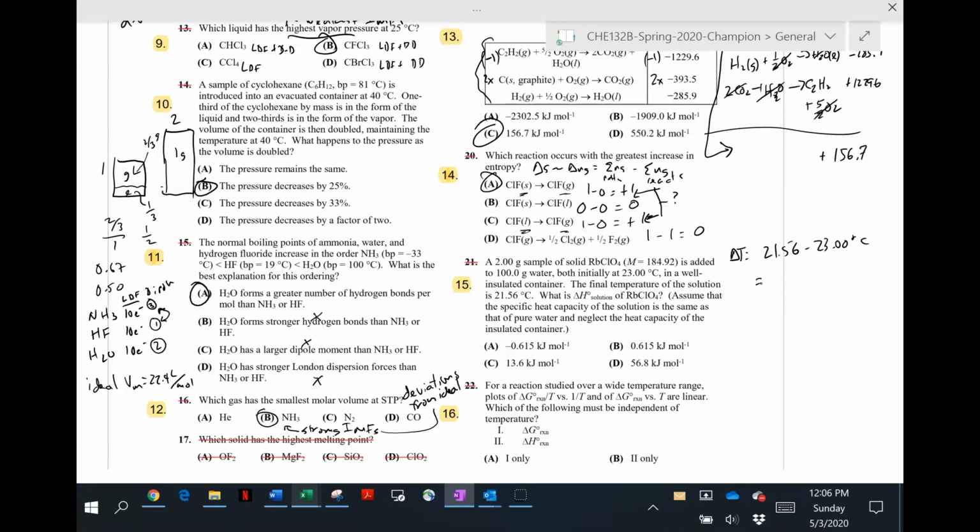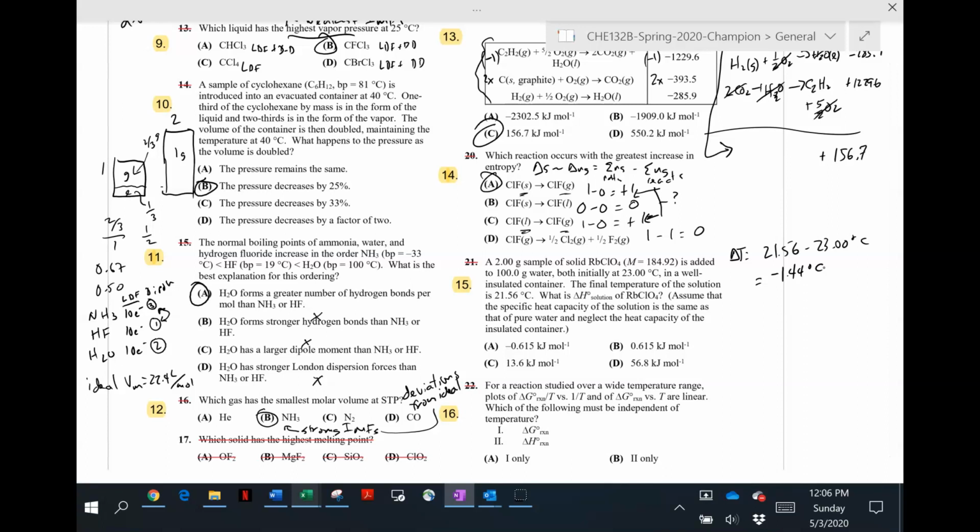21.56 minus 23. That can't be right. Try that again. 21.56 minus 23. Yeah, negative 1.44 degrees C. Now it says we're assuming that the heat capacity of the solution is the same as that of pure water.